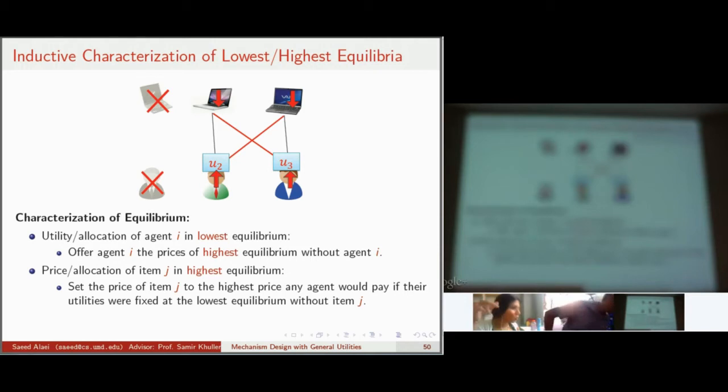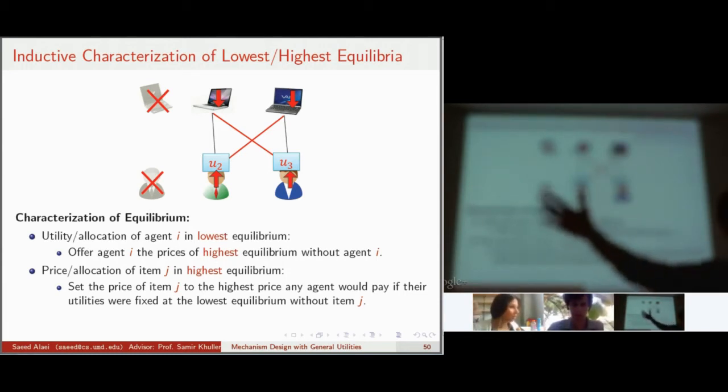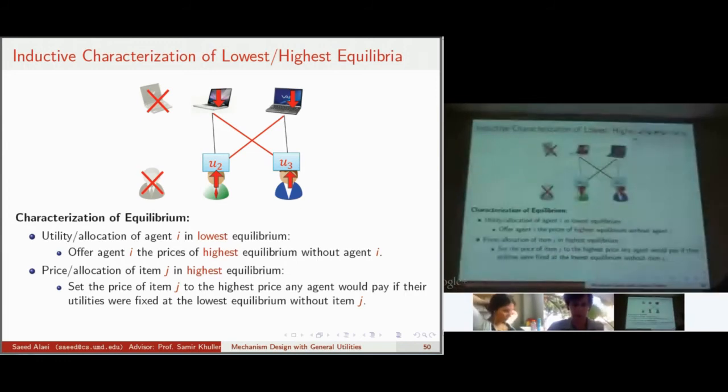The Gul-Stacchetti result is, I think, for quasi-linear, but when you have multiple items... Yeah, so basically you're asking if you duplicate all the items, right? No, just one item. You do it one at a time.